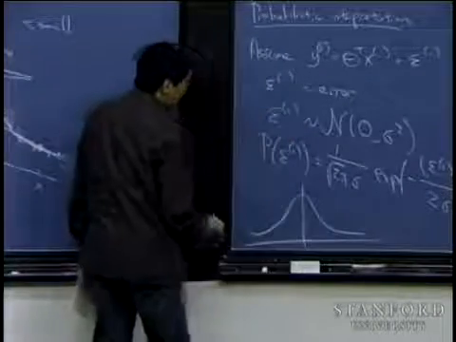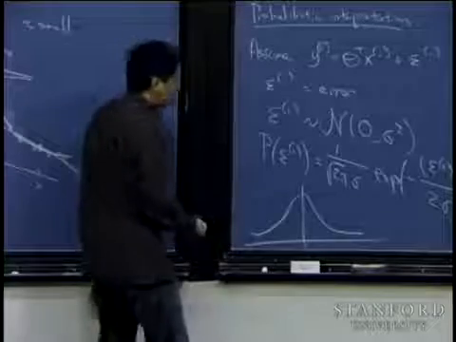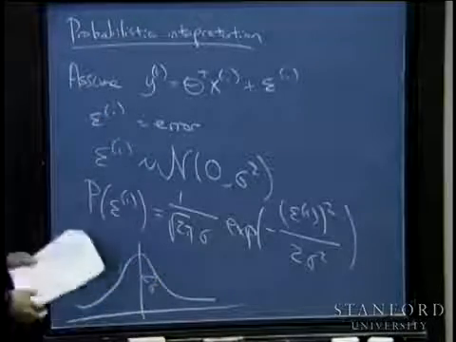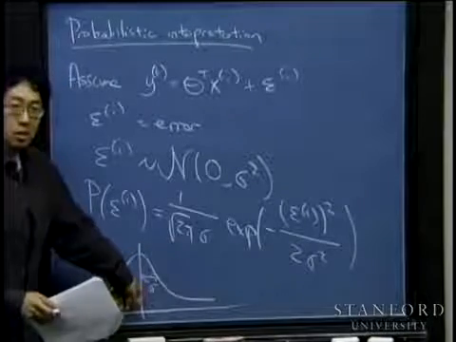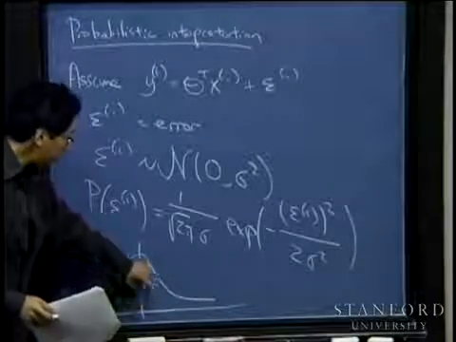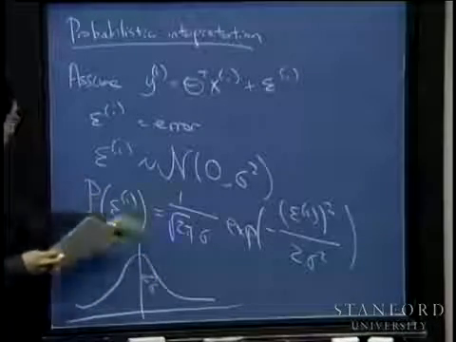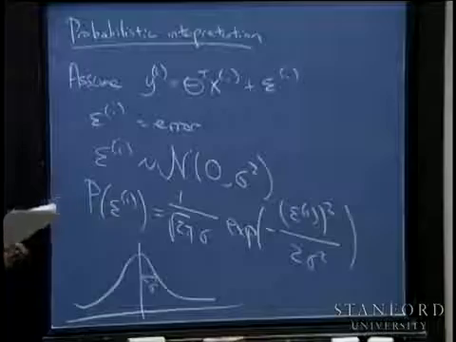The density for epsilon i will be this bell-shaped curve, with one standard deviation being sigma. This is the formula for that bell-shaped curve.